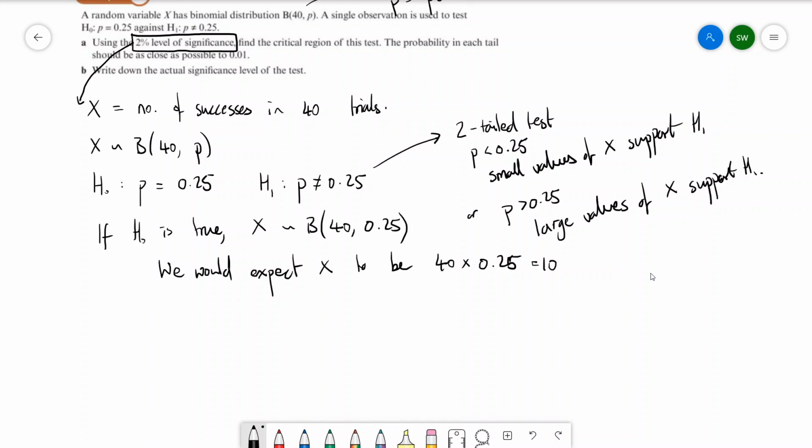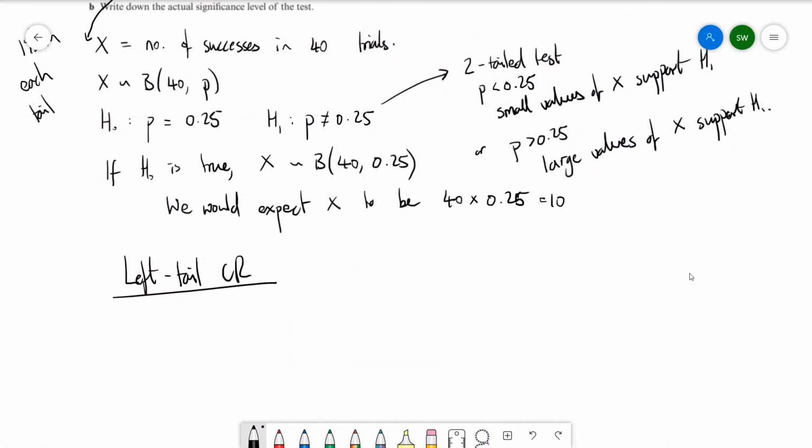What we do is we halve 2% and we're going to say, well, we want 1% in each tail. And we'll see what we mean by that in a second. So let's do the left tail critical region. So the left tail critical region is for the small values of x which support H1.